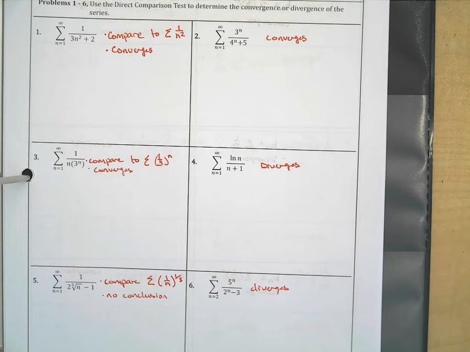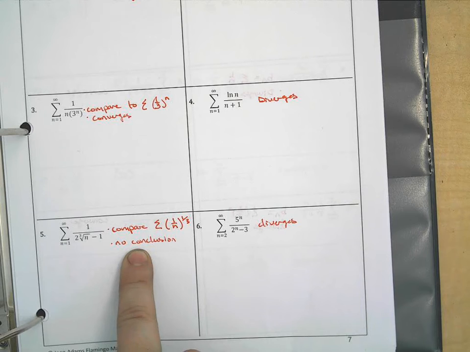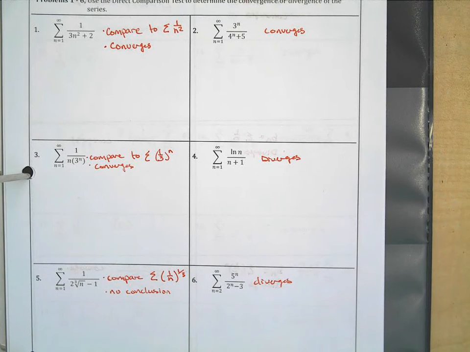Which one? Number 5. There's no conclusion. That means you use it in the future, that means do a different test. It doesn't mean you failed. Yay, next problem. For this, say no conclusion.